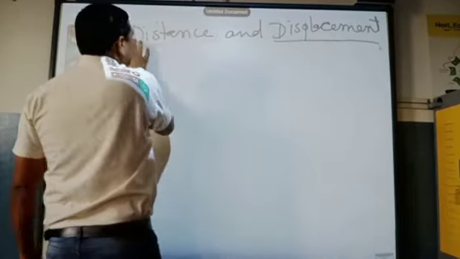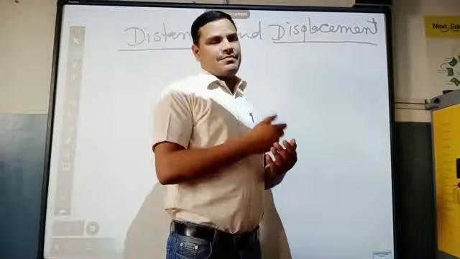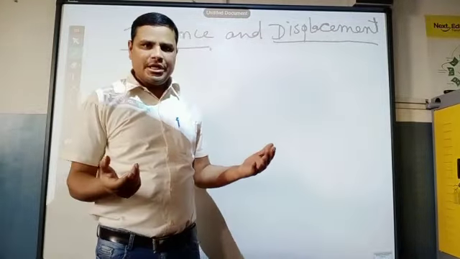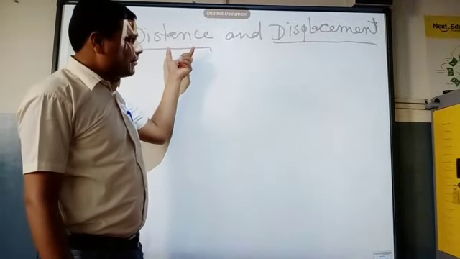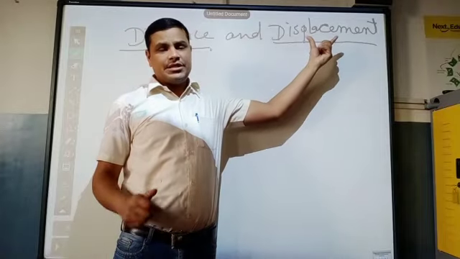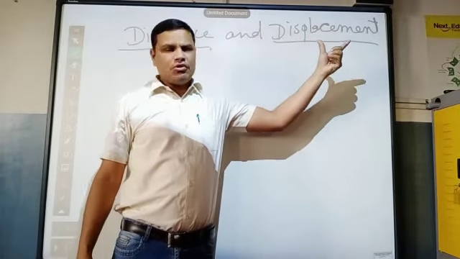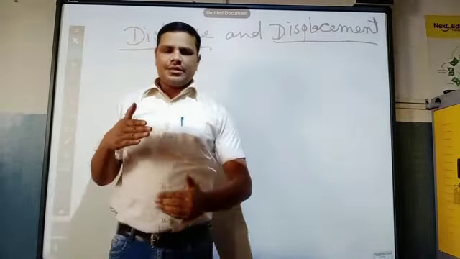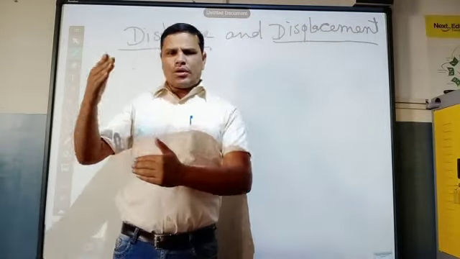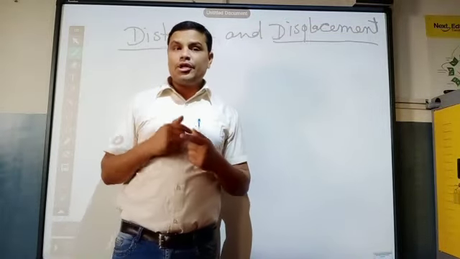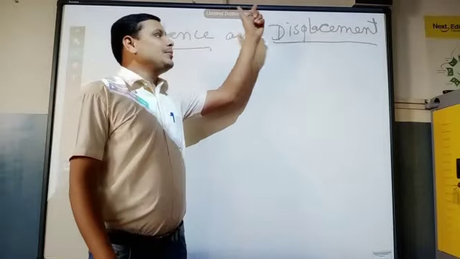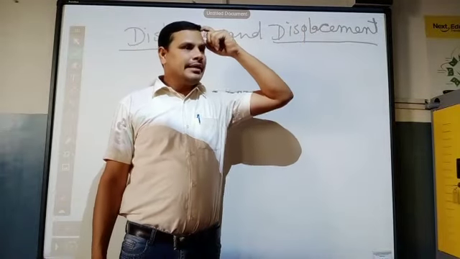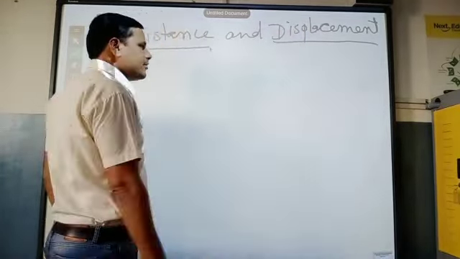What is the difference between distance and displacement? You are familiar with the word distance, but this displacement concept is new for you, because just now you are transforming from class 8 to class 9. Up to class 8 you have learned about distance, but you have not learned about displacement, the new concept for you. I am giving you an example.